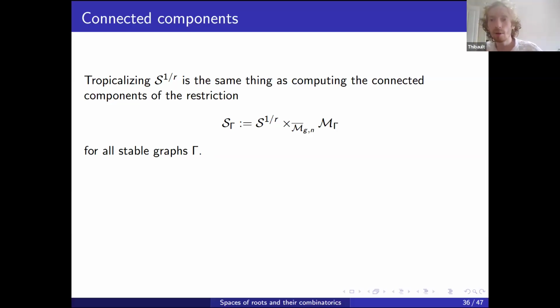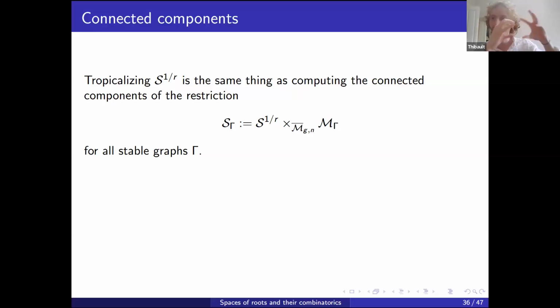In M_{g,n} bar, all of these pieces were connected, but in the space of roots, they have no reason to be connected. And every time I identify one connected component of one of these pulled back pieces, I've actually named more geometric discrete invariants than before, right?